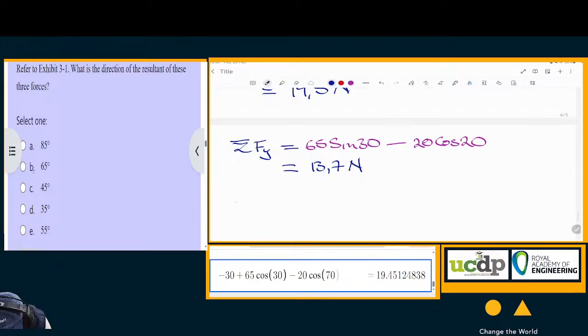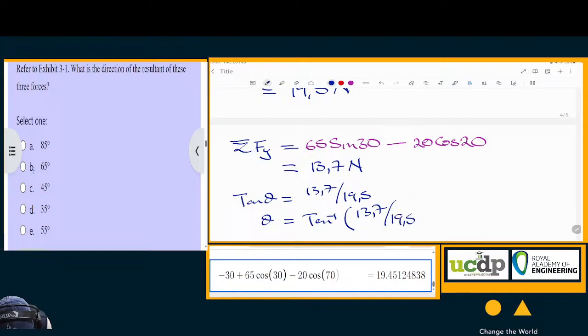So just like we did, your tan theta will be opposite over the adjacent, which is your 13.7 over 19.5. So your theta is equal to tan inverse of 13.7 over 19.5.